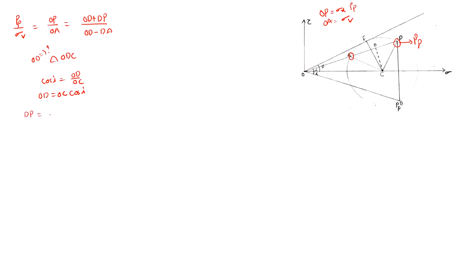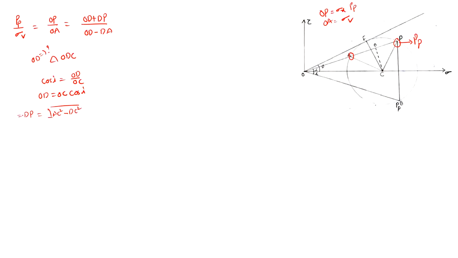For that we have AC square minus DC square. Here in triangle ADC, AC is the hypotenuse, so we have to calculate one side of the triangle, AD or DP. Here DP as well as AD are also the same distance, so AD we have to take.